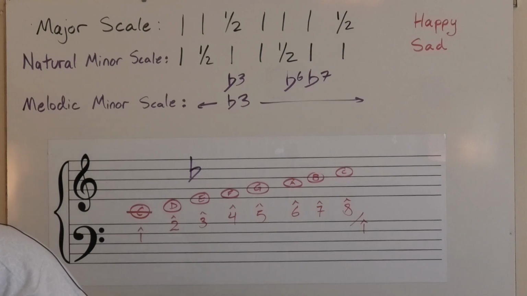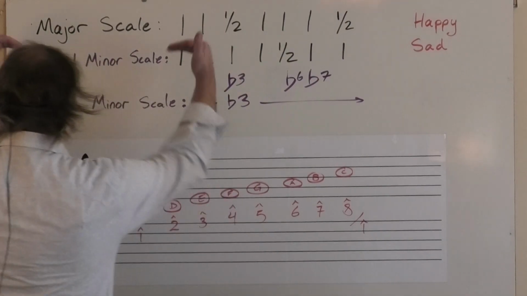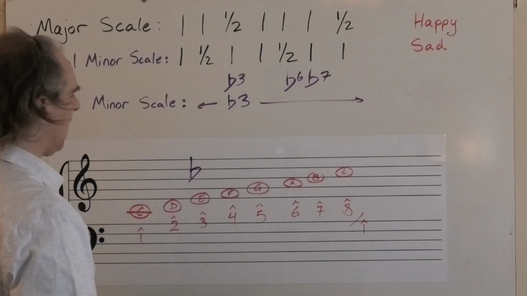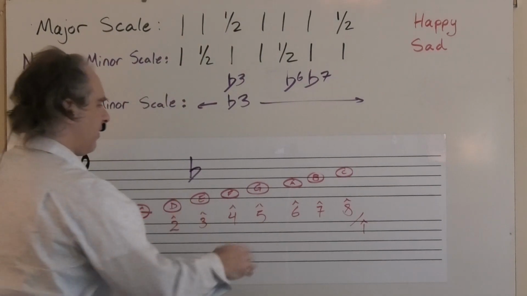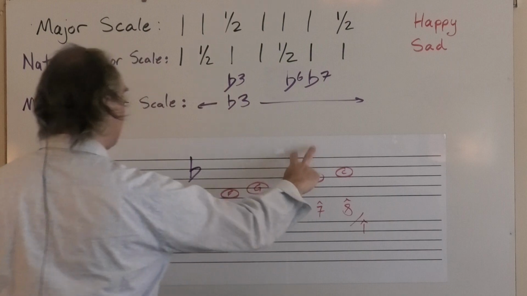I did parallels there. So they'll do something like that. They'll start off in natural minor, and then they'll go to melodic minor. And you'll hear that. They'll wipe those out and naturalize them.